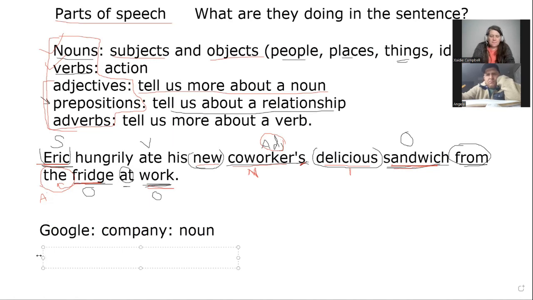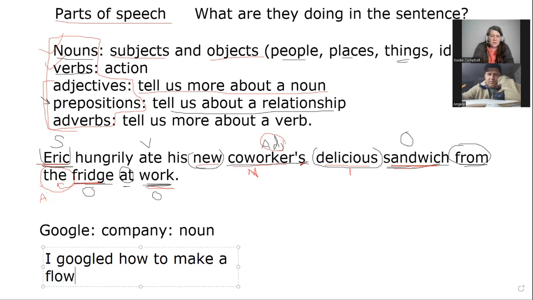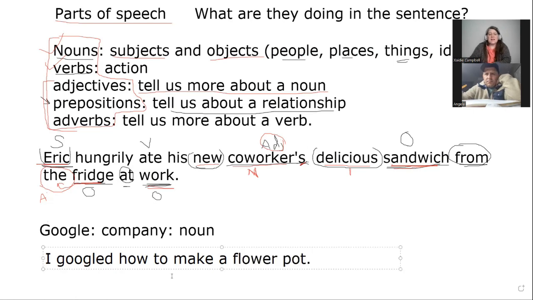You ready? Okay. All right, so now I have this sentence. I use the word Google. What is it doing?